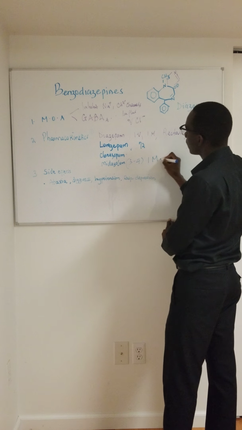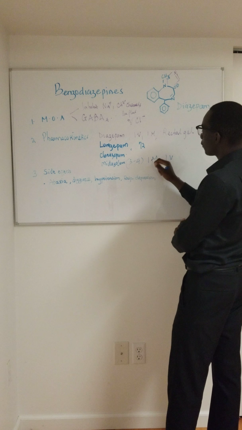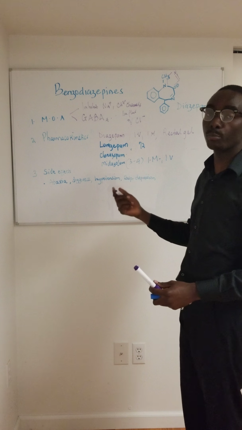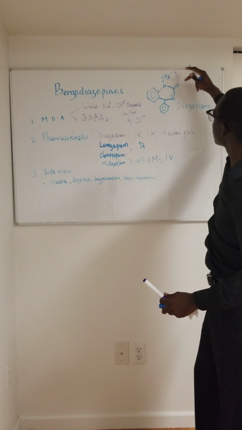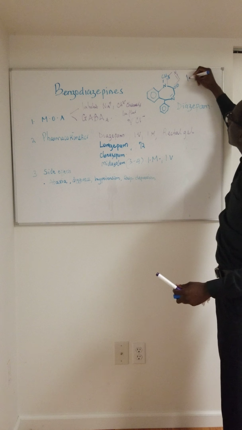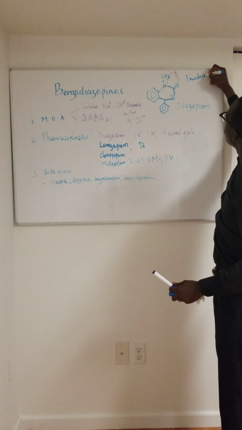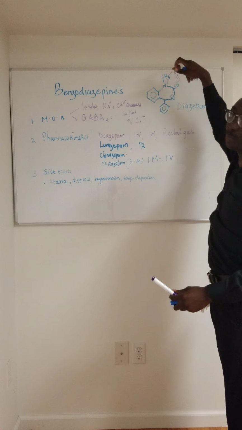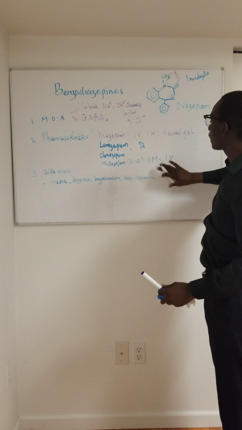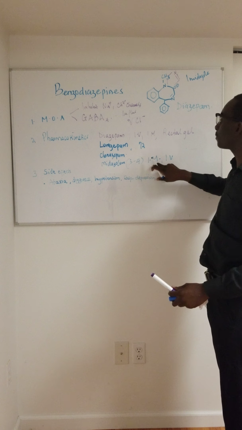It's given IM and IV, but this drug at low pH has an imidazole group. It has an imidazole ring here. If this is diazepam, this drug has an additional imidazole ring, and this ring is open at low pH and closed at high pH. So this gives this drug the ability to be given as IM.